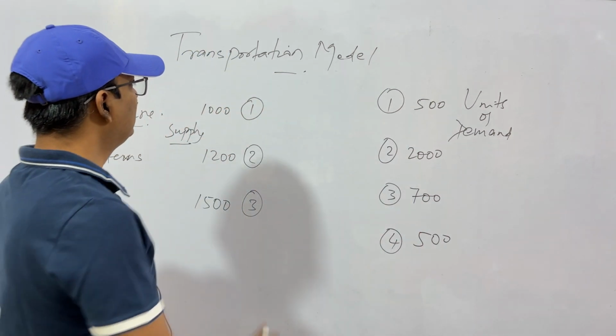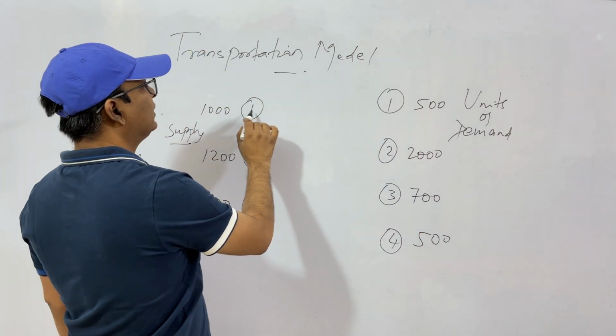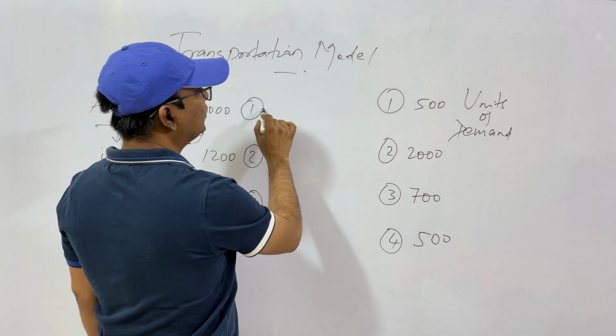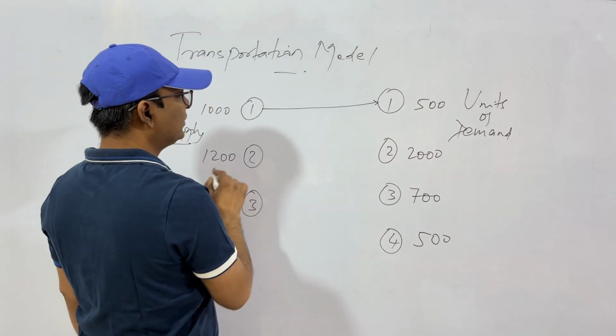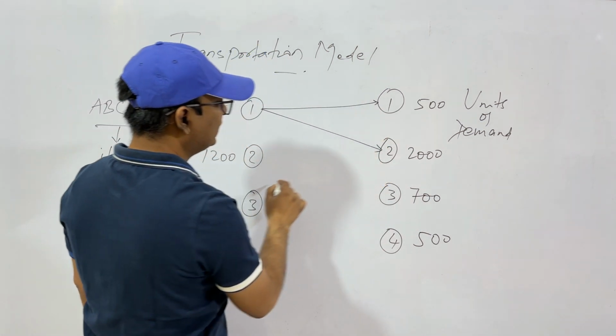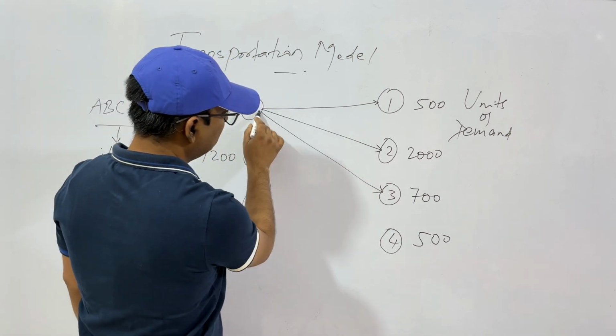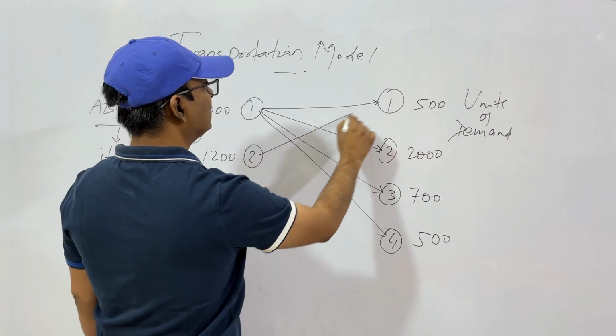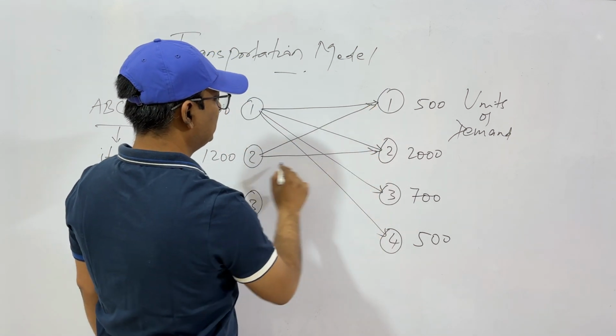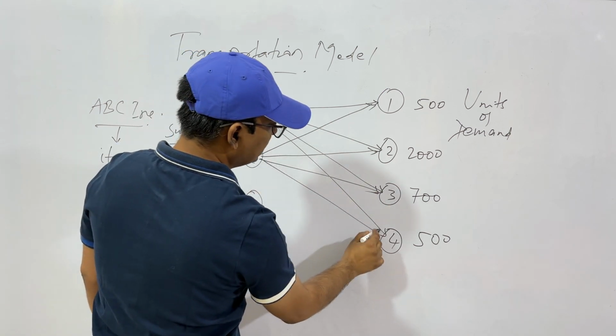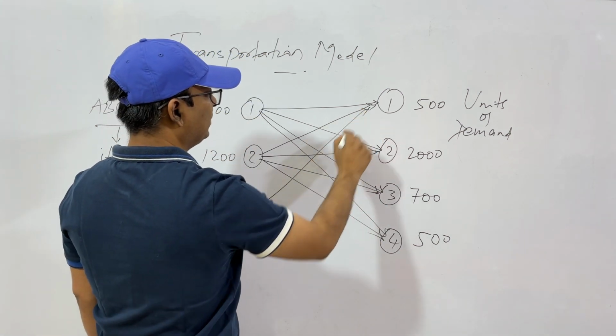Okay. Now we can transport these items from this factory to this factory. We can transport this factory to this factory, and this to this. Similarly, we can transport the items to these consuming units from these supply units.